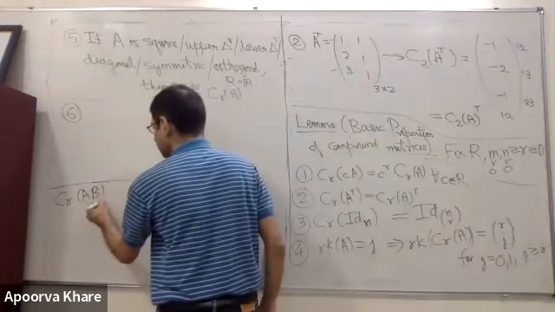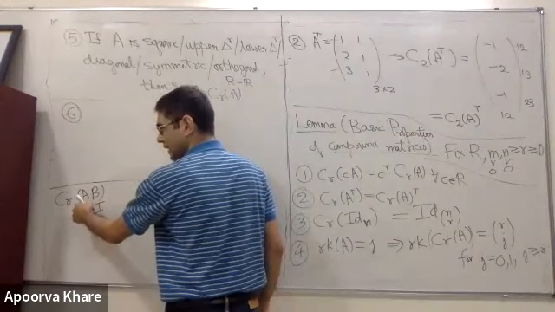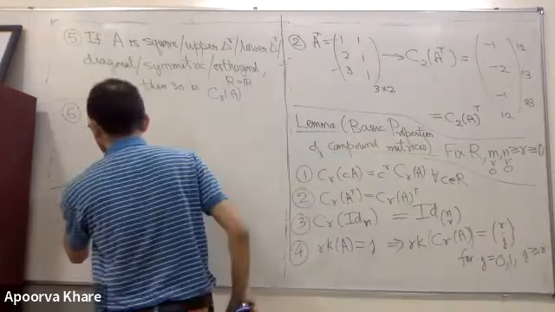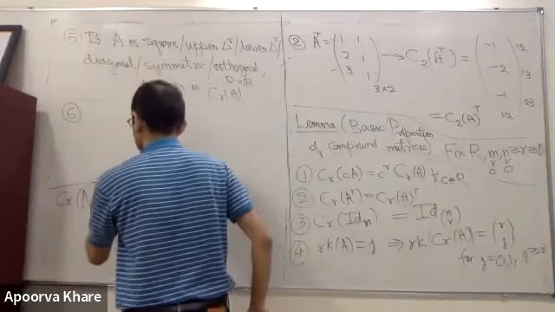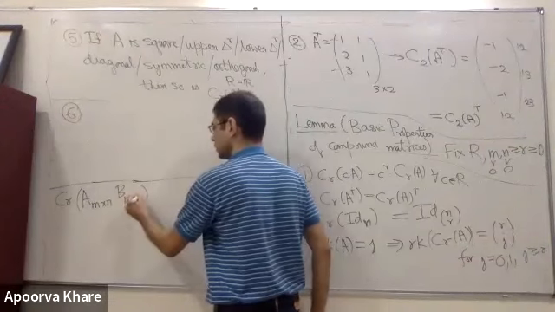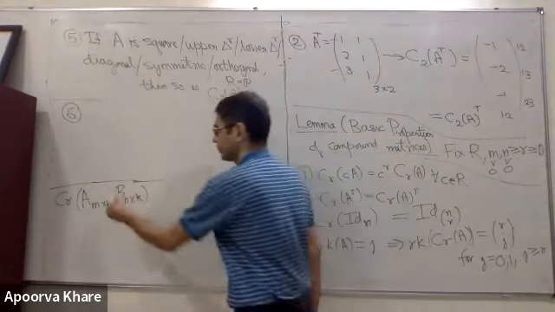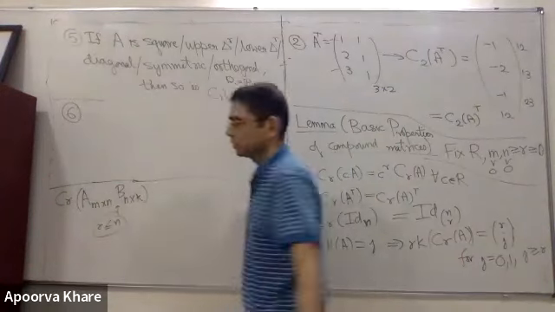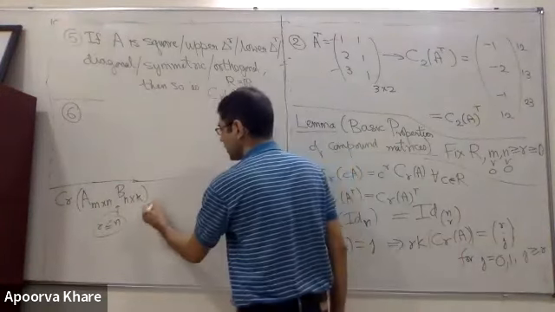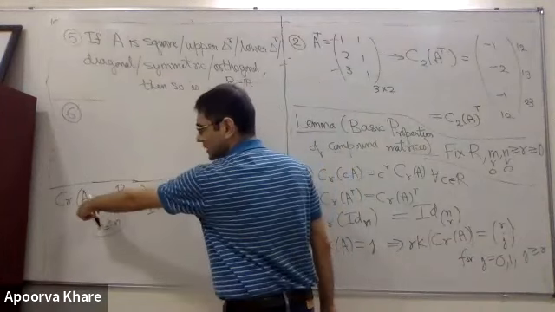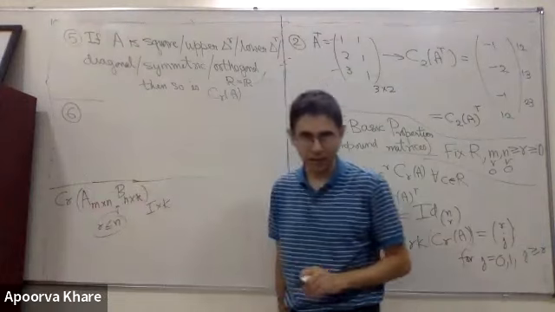Let's write down: A is m cross n, B is n cross k, and let's say r is less than or equal to n. Now I take I, a set of rows of A of size r, and a set of columns of B of size r.